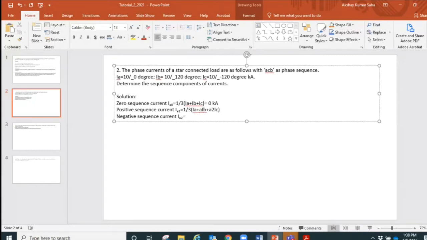Let me write these things as subscript, otherwise we will get confused later on. IA plus aIB plus a squared IC, and we need to know the value of this one.